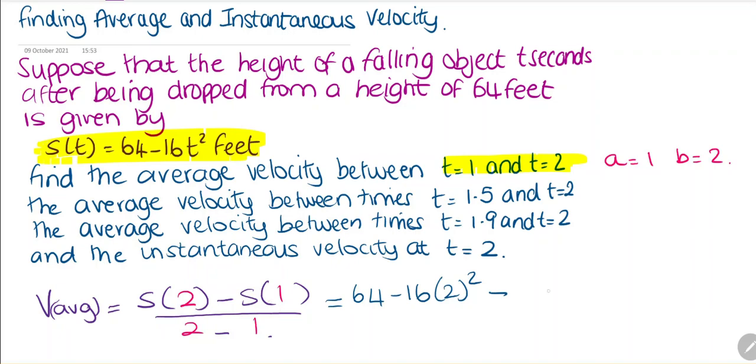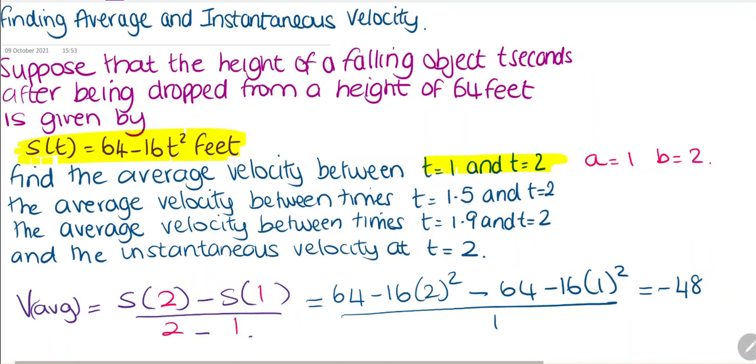So 64 minus 16, and that's 1 squared, and 2 minus 1 is just 1. If we work this out, we will have an answer of minus 48 feet per second. Okay, so that's a negative because it's falling.